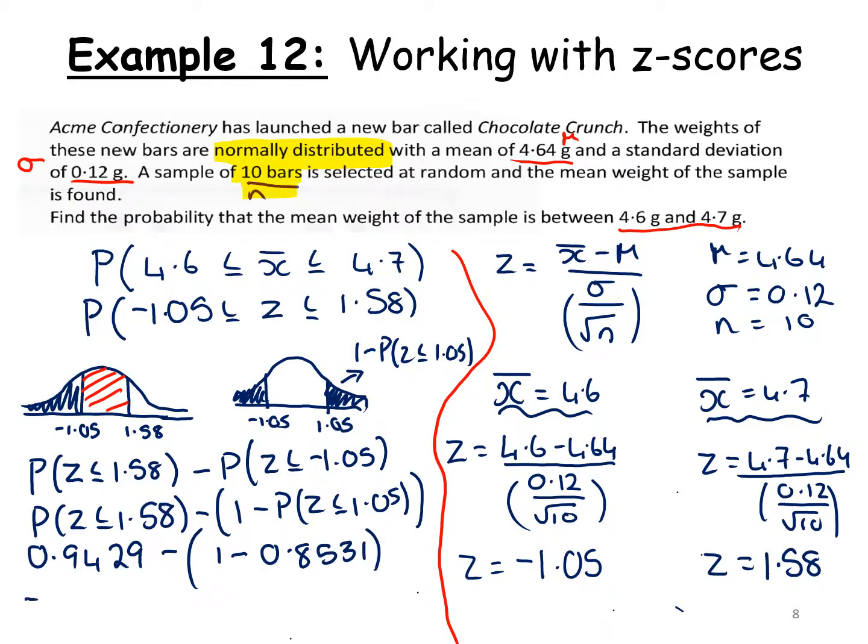You can put that straight into your calculator with the brackets as is. Make sure the brackets are like this, and we get 0.796, which is 79.6%. So that's how we would work with a sample, but knowing that the underlying population is normally distributed, we don't need to apply the central limit theorem.